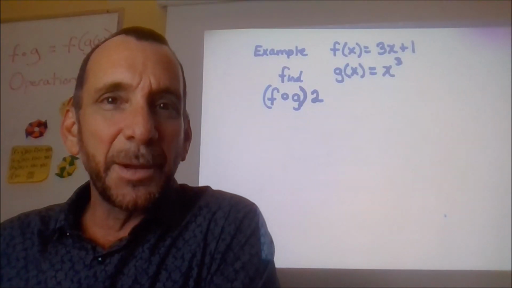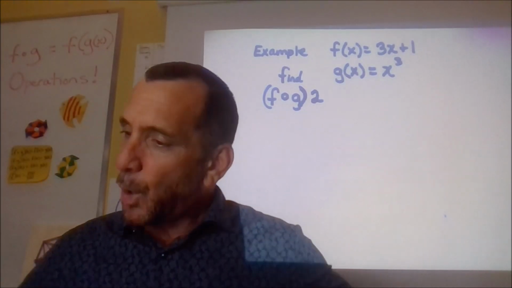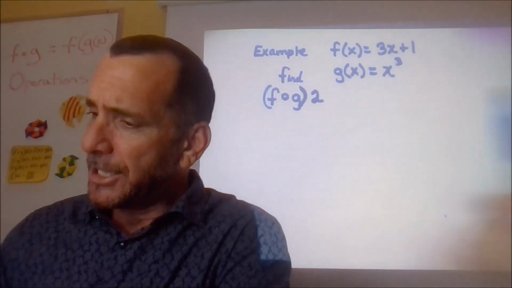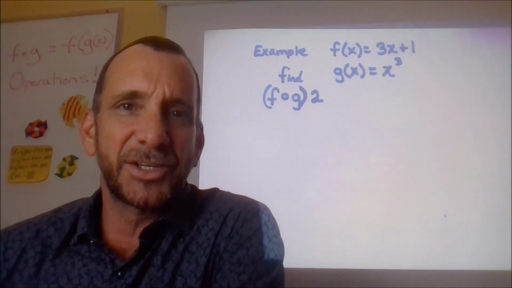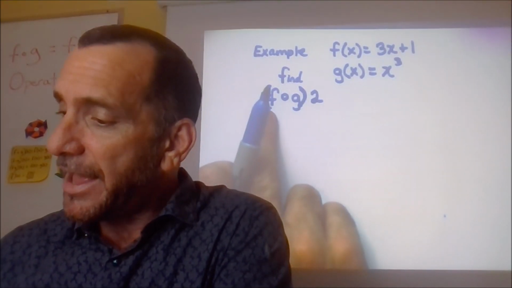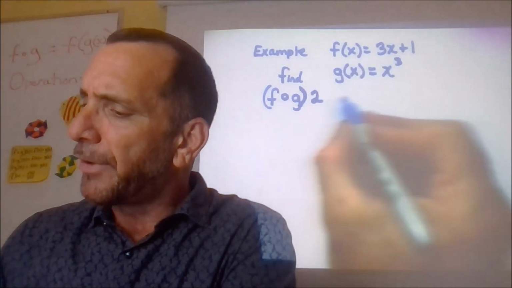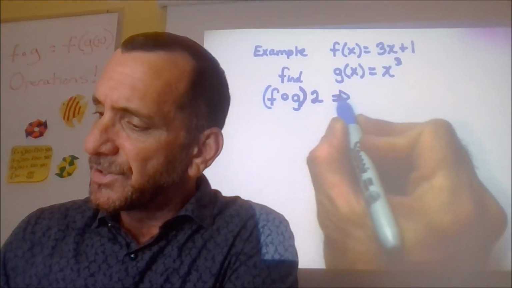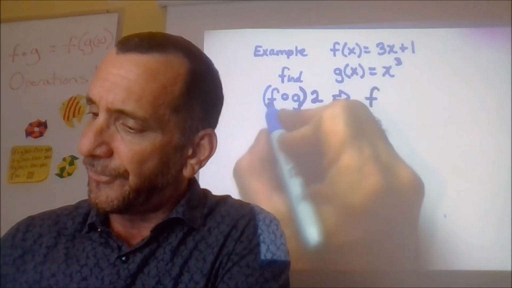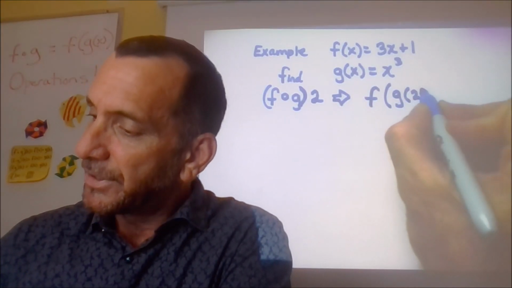Here's a great example on the composition of two functions. So we have f of x equals 3x plus 1, and g of x equals x cubed. And we are being asked to find f of g of 2. So I'm going to rewrite that, and just to get used to doing that, if I see it in this way, I know that I'm going to write f first of g of 2.